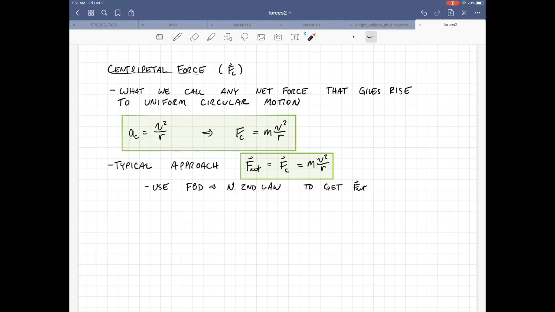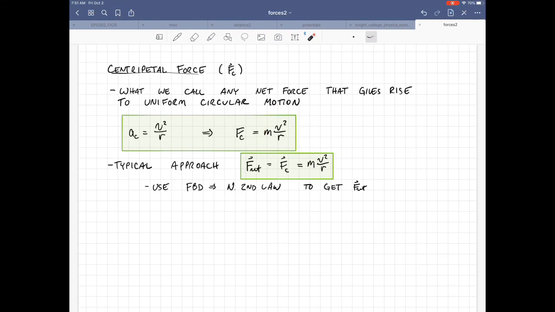Whatever net force gives rise to uniform circular motion is, for that particular problem, referred to as the centripetal force. Now, if you recall, centripetal acceleration in magnitude is v squared over r. So the magnitude of centripetal force is just ma, so mv squared over r.